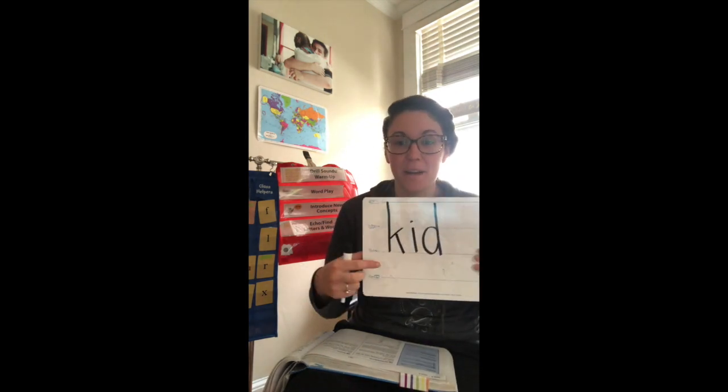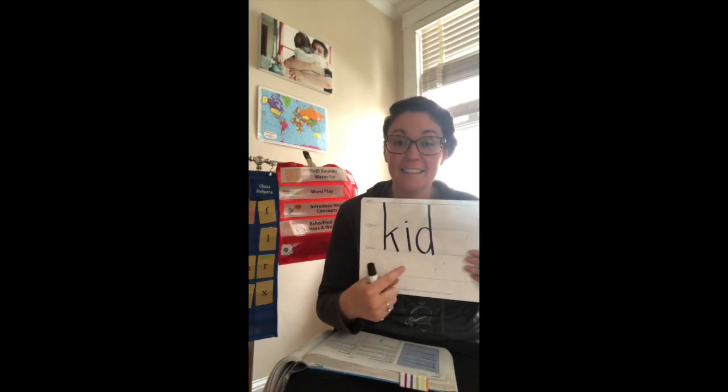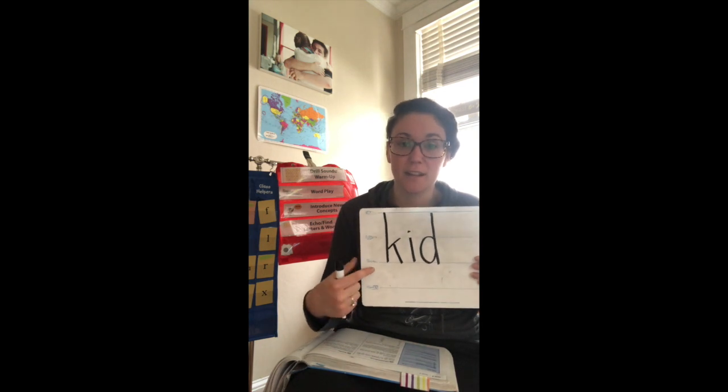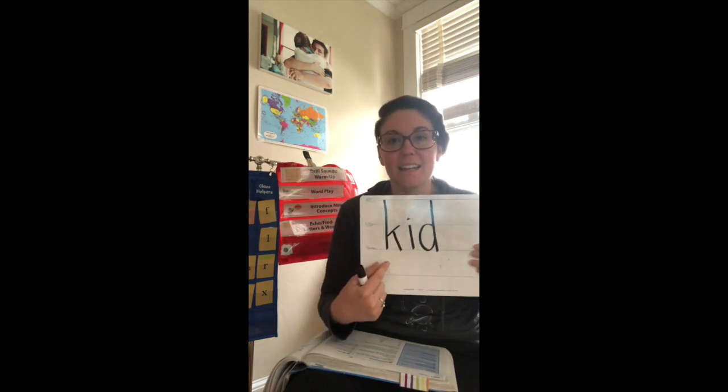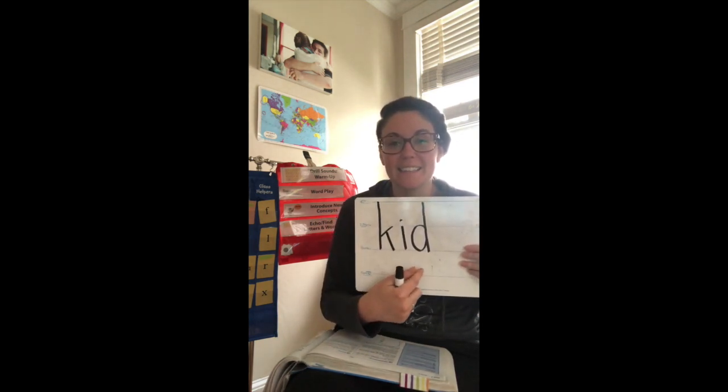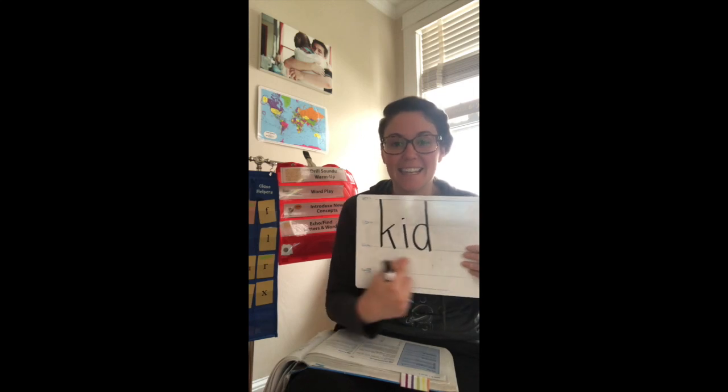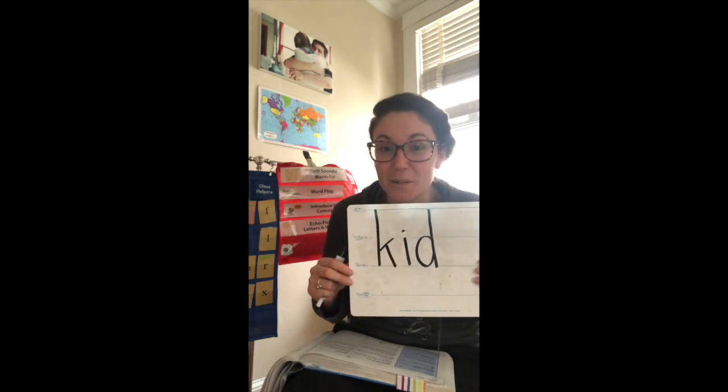Kid. Remember, K comes before I and E, and since it was our middle sound, our first sound should be a K instead of a C. K-I-D. Kid. Check your work.